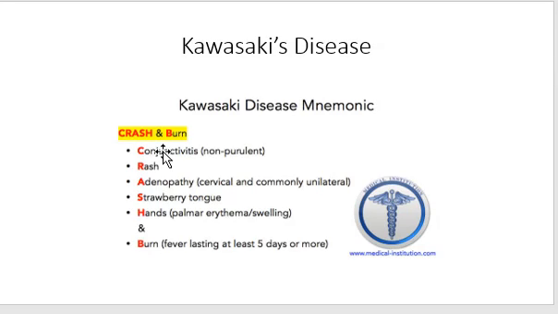And we give aspirin, which is prescribed for antithrombotic properties. If they don't respond to this IVIG and the aspirin, they give them a second dose, or they give them cyclosporine. Prednisolone may be used, but it's not as effective as these other things.